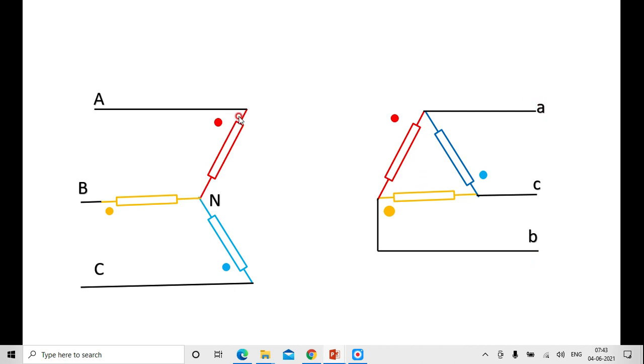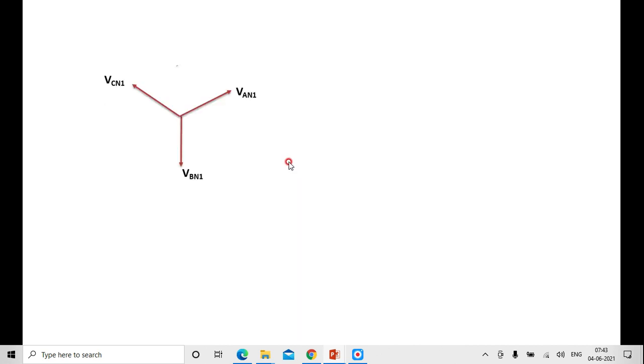What I mean here is, VAN1 and VAB are in the same phase. That is, VAN1 of the star side is the same as small VAB on the secondary side, or the delta connected side. Therefore, this is VAB1, and I told you that small VAB1 is in phase with VAN1.